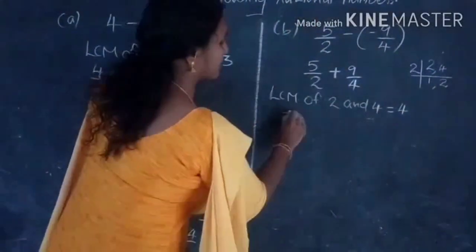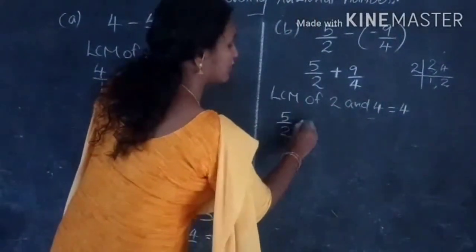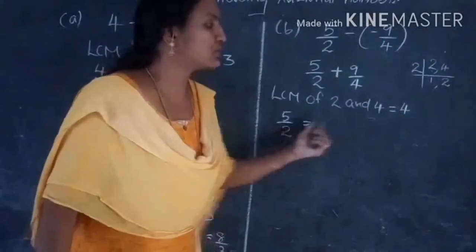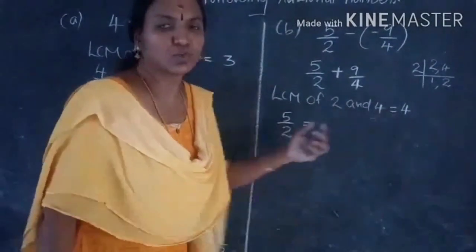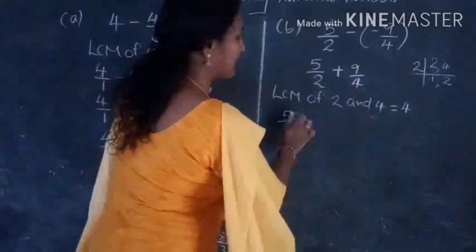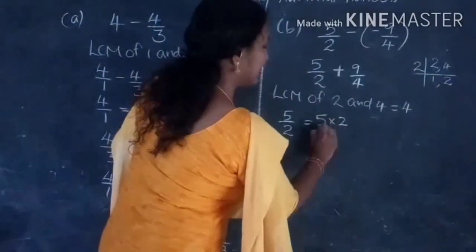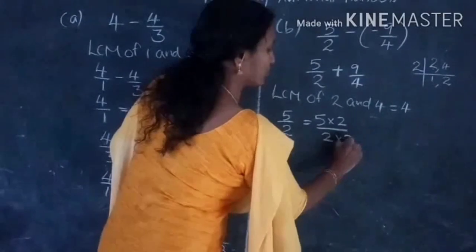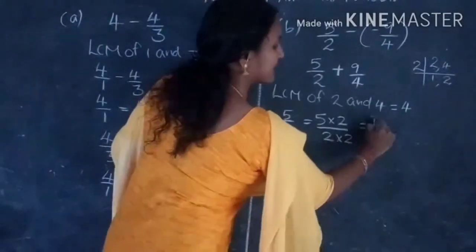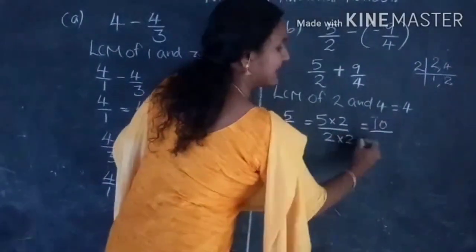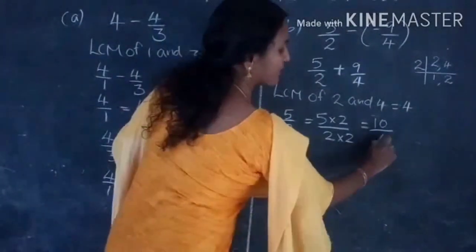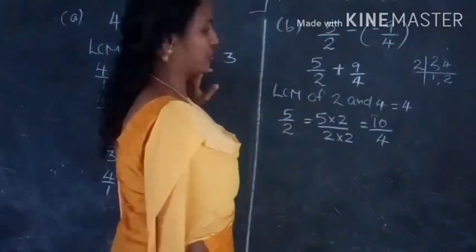Write the first fraction. 5 by 2 is equal to, how many 2s are in 4? 2 2s are 4. So multiply the numerator and denominator by 2. 5 into 2 divided by 2 into 2 is equal to 5 2s are 10, divided by 2 2s are 4, 10 by 4.